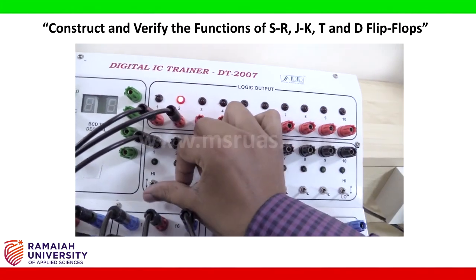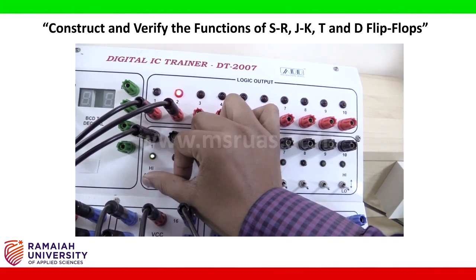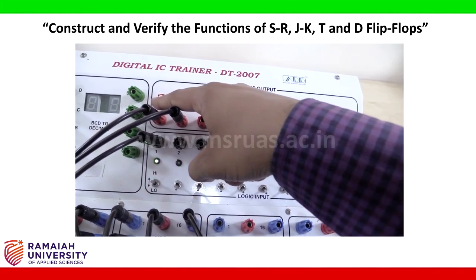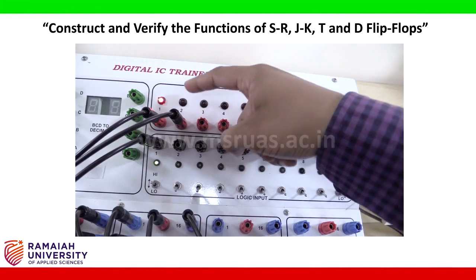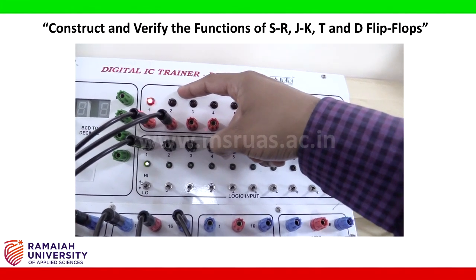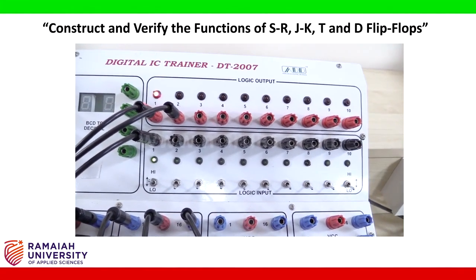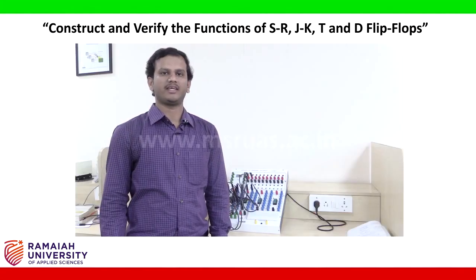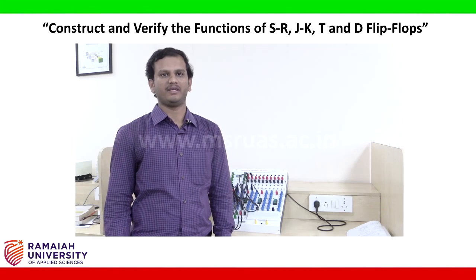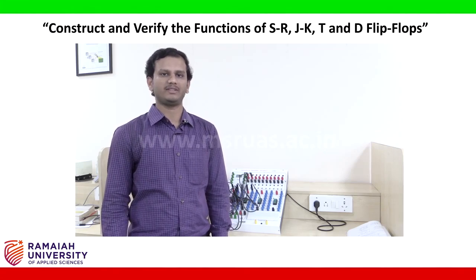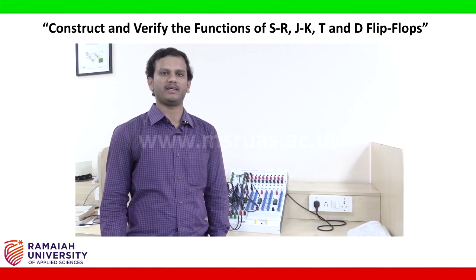And when I change the input from 0 to 1, then I can see here the output Q is high, the Q bar will be low. So that means this is correct according to the truth table. So this completes the experiment. So we have verified JK flip-flop, SR flip-flop, D flip-flop and T flip-flops using NAND gates. So this completes the entire experiment.